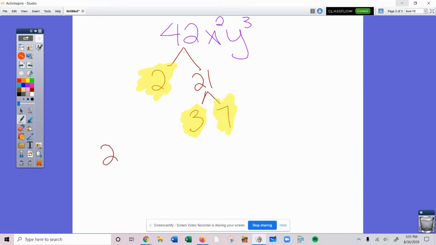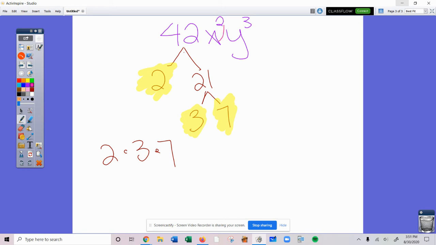So far we have a 2 times a 3 times a 7. Now, typically you're going to see these numbers written in numerical order. They don't necessarily have to be for what we're doing, but you'll like them to be in numerical order in the long run. But we're not done yet because we still have to consider these letters up here.